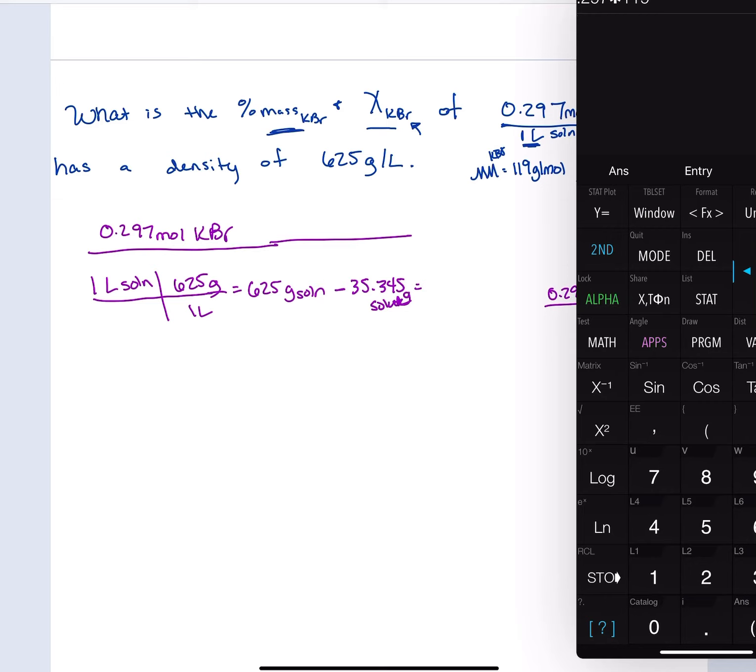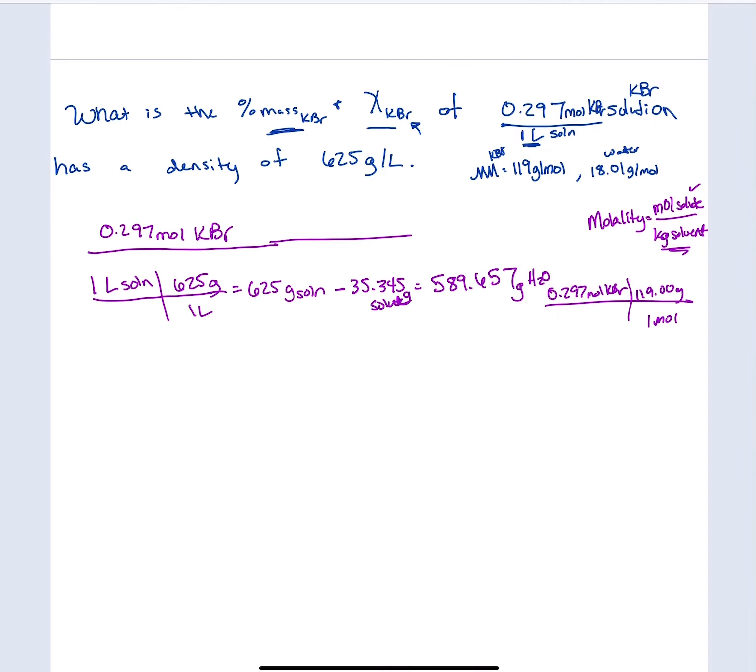And then when you subtract the whole thing, 625 minus what we just did, that gives us 589.657 grams of water. That's the solvent. So we just then need to get that grams of water into moles, so then we can add it all together.